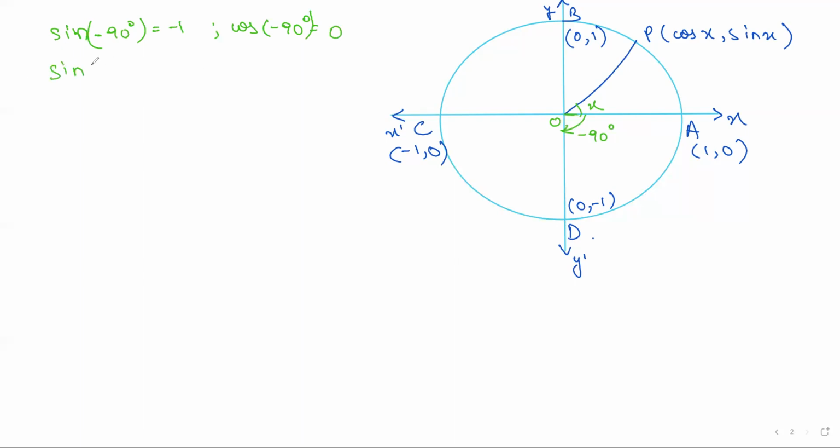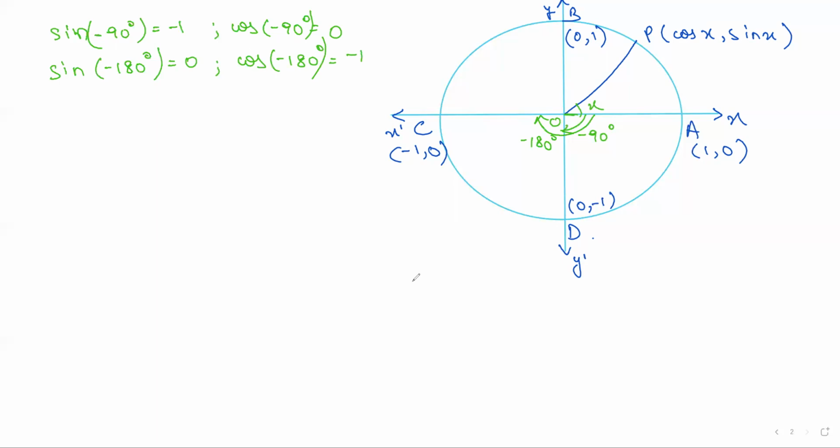Your sine minus 180 degree, that means you're progressing further and reaching this point. This would be minus 180 degree. This will be equal to 0 and cos minus 180 degree will be equal to minus 1.